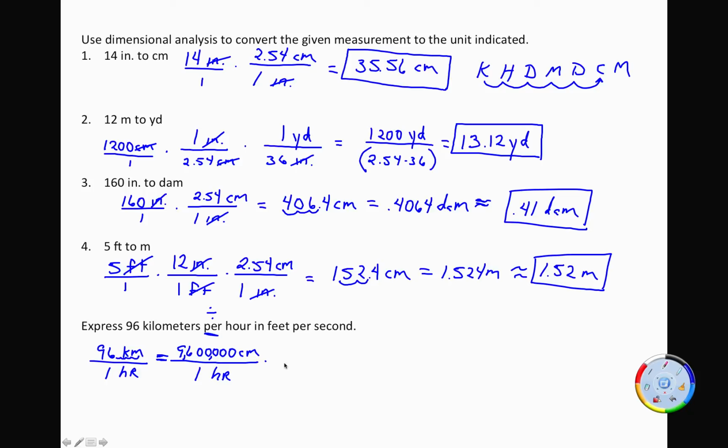Okay, now that I have centimeters, I know that 2.54 centimeters is 1 inch. And now that I'm in inches, I know that 12 inches is 1 foot.